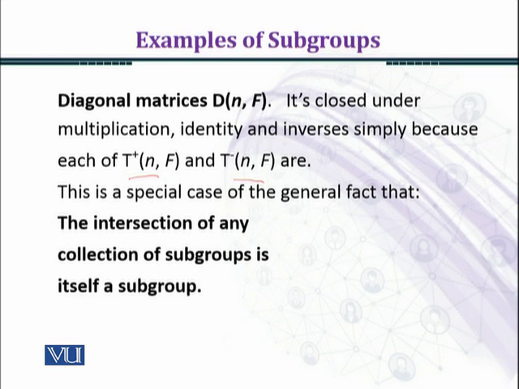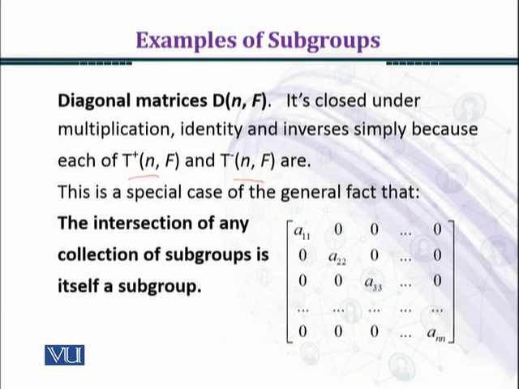Upper triangular matrices form a subgroup of GL_n(F) as you have seen earlier, and lower triangular matrices also form a subgroup of GL_n(F). So their intersection is also a subgroup, which is the set of all diagonal matrices of order n by n with entries in F. And here is the representation of a diagonal matrix. You can see that the entries on the main diagonal are non-zero and the remaining entries are 0.